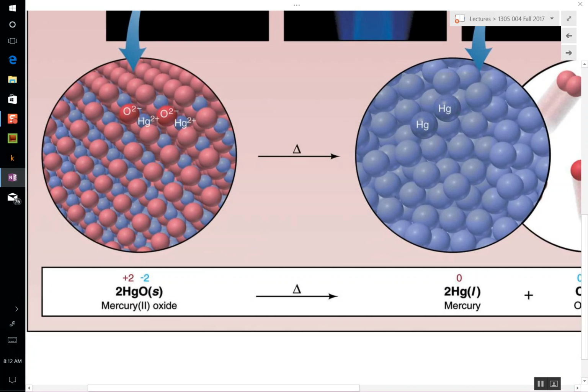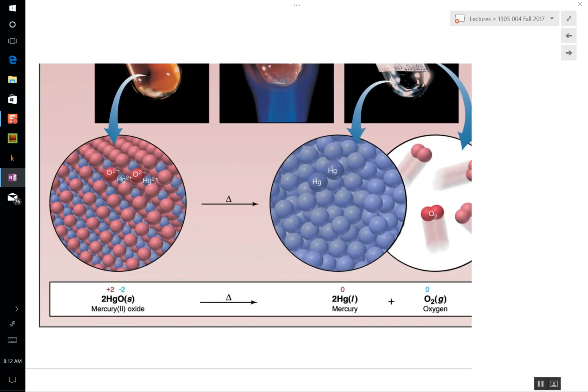You know that oxygen is a -2, so this mercury is a +2. That's immaterial. Just where did we get that formula? HgO, heat, this is a decomposition reaction.